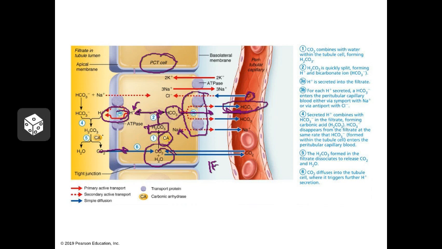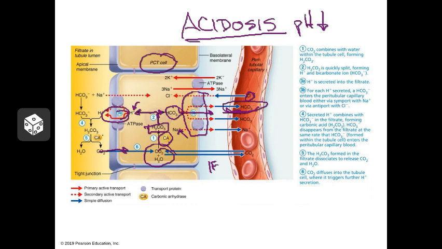If a patient is experiencing acidosis, that means their pH has decreased. Remember the normal range, about 7.35, this is your textbook, to 7.45.